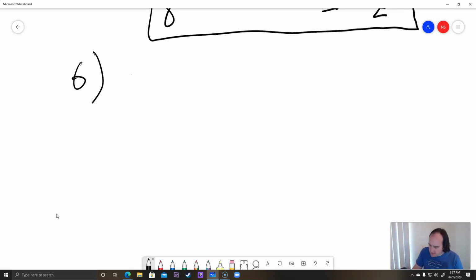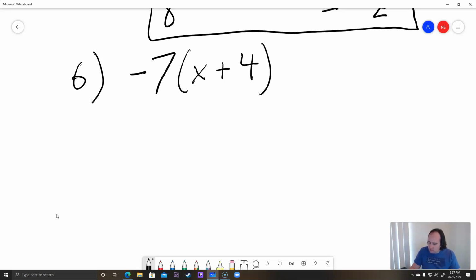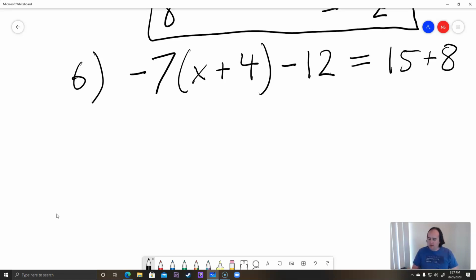So this one's going to be negative 7 times the quantity x plus 4 minus 12 equals 15 plus 8.